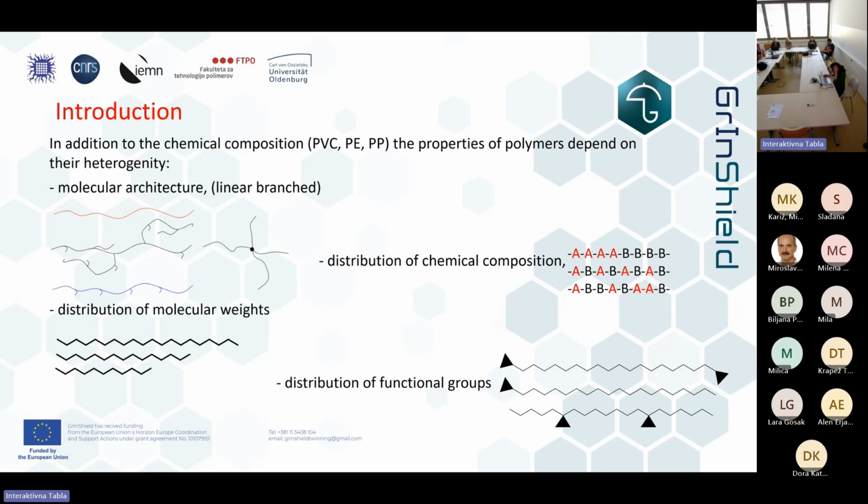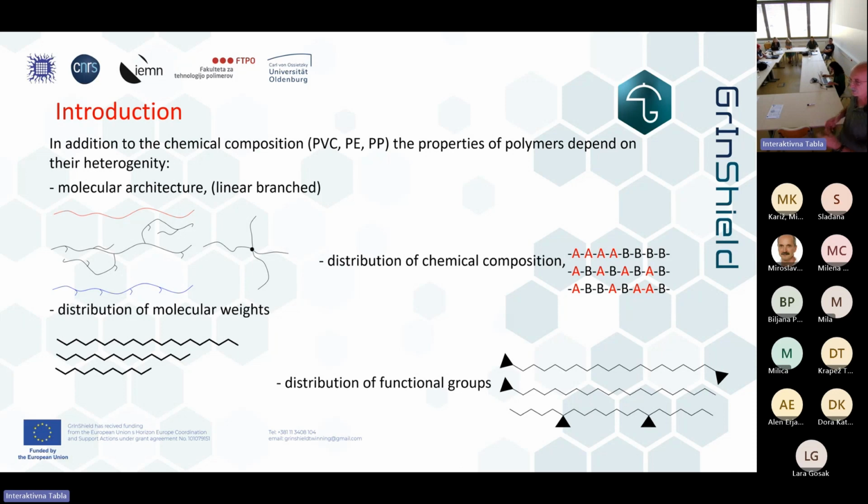architectures. Then we have a distribution of molecular weights, which is very important, especially for processing of polymers, because some processing techniques require a broad molecular weight distribution, some require a more uniform one. Then we have a distribution of chemical composition, as in copolymers, for example.